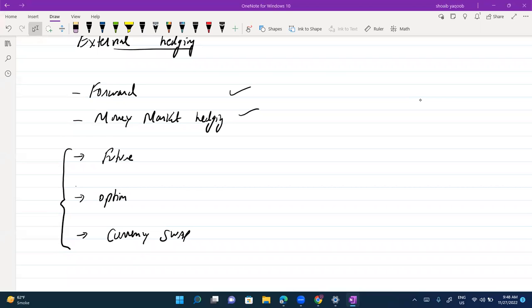Let's have a brief discussion on future, option and currency swap. You have to remember few things about the future. Number 1 point is the exchange traded derivative. It has a standardized contract size.